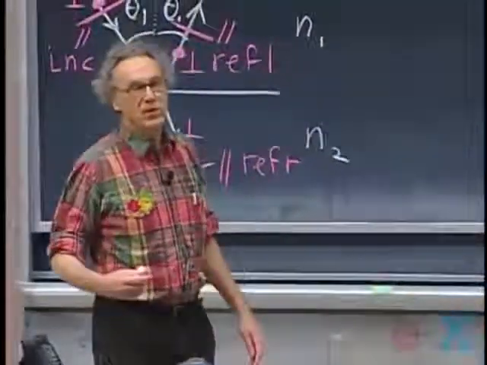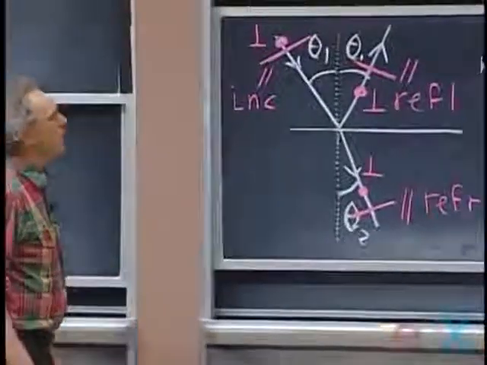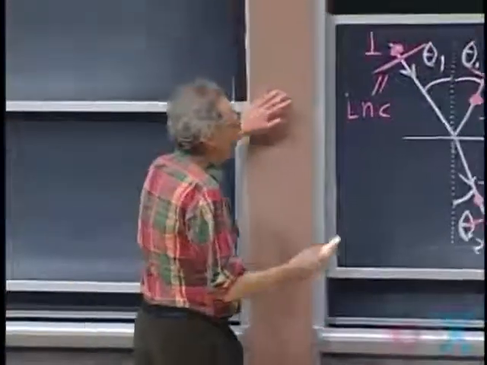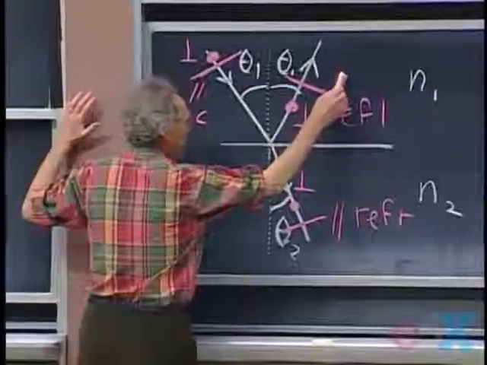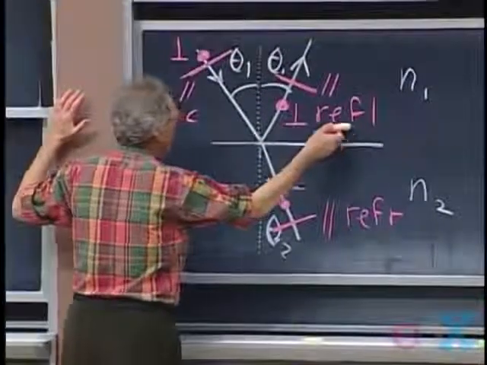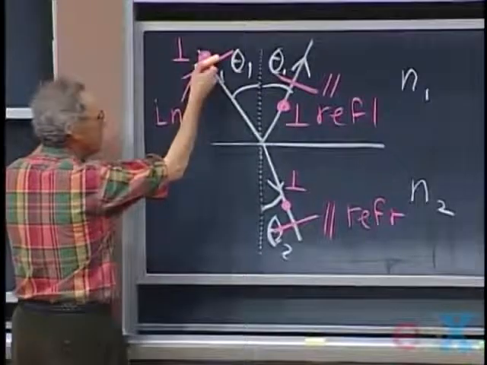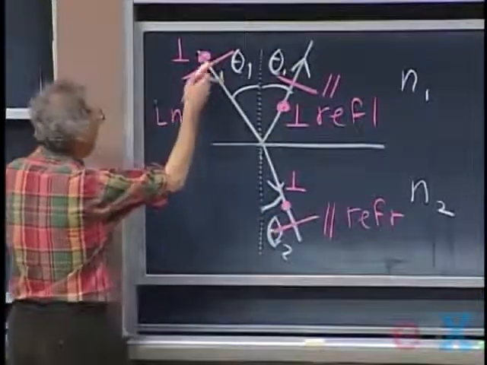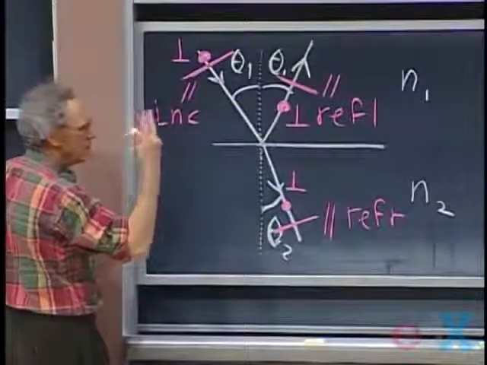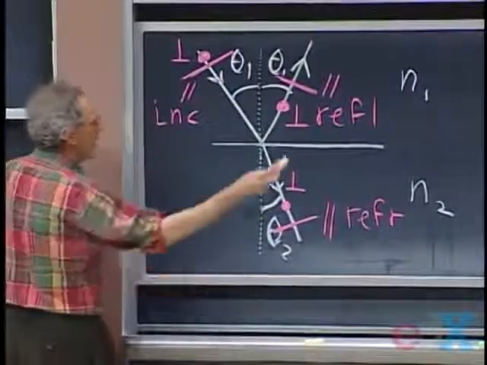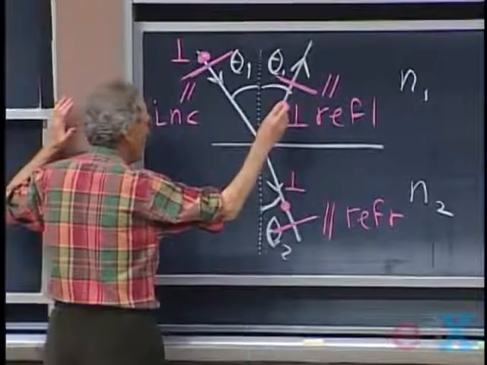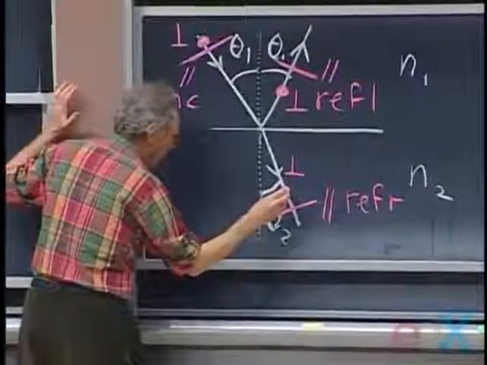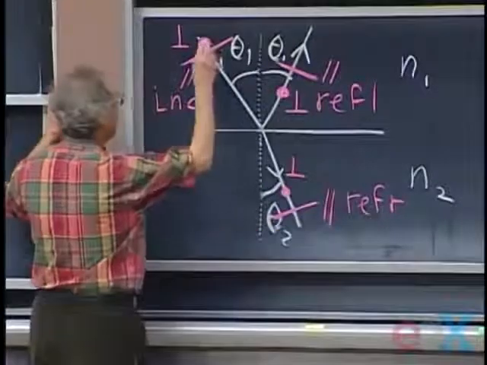What Maxwell's equations now can do for us, it's a lot of work, but you may see it in 8.03, it can relate the parallel component in reflection with the parallel component of incidence, the parallel component of refraction with the parallel component of incidence. That gives you two relations, two equations. It can also relate the perpendicular component of reflection with this perpendicular component and the perpendicular component in refraction with this component.